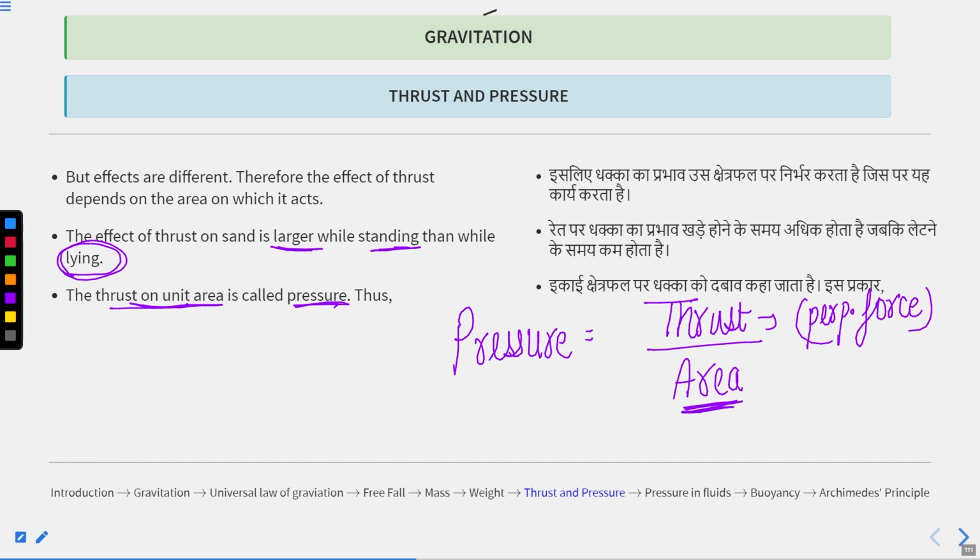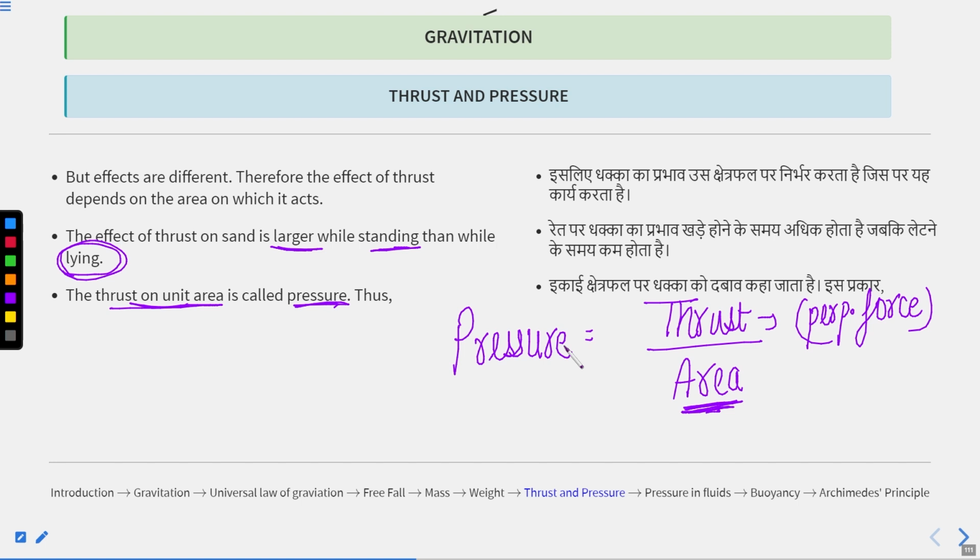Because the surface area was small, pressure was high, so you start sinking. But when you lie down, your thrust was the same, but your surface area increases, so your pressure decreases, and because pressure decreases, you stop sinking in the loose sand. Is it clear, class?